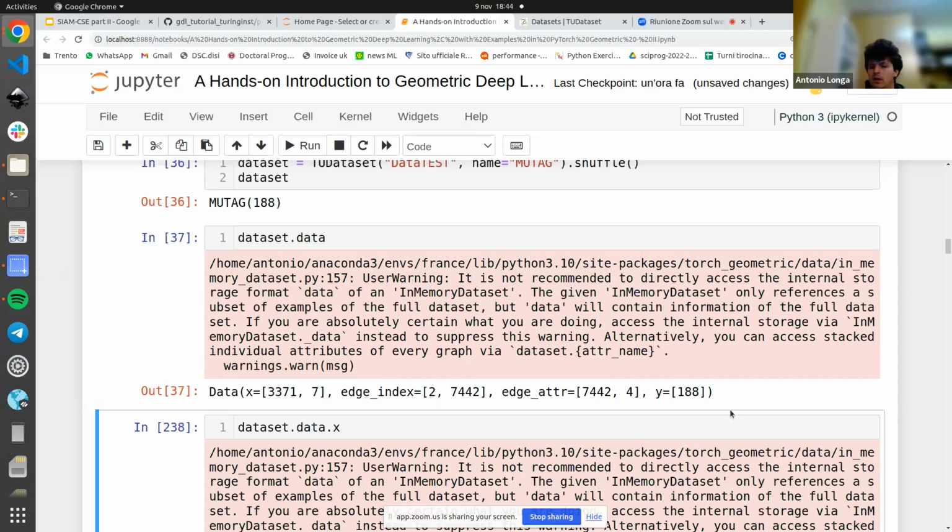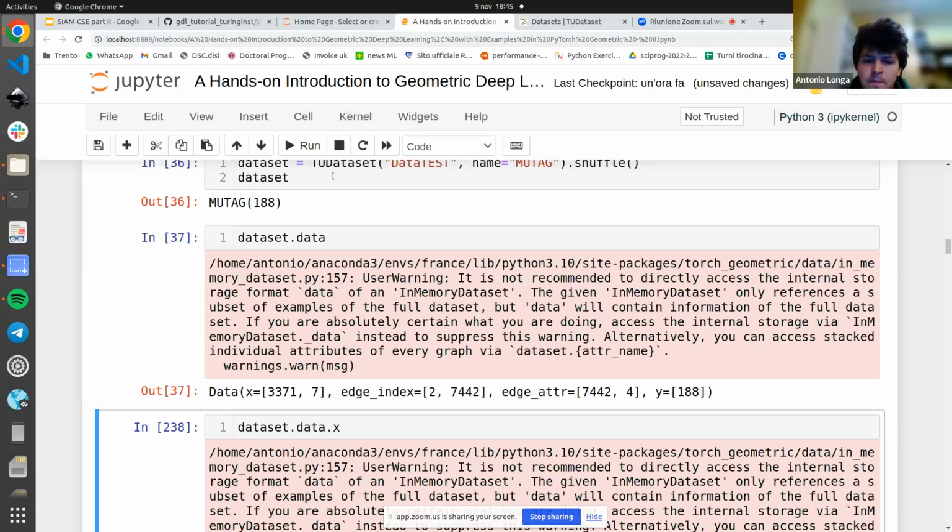Why? Because here our task is to predict a property of the entire graph. In particular, this MUTAG contains molecules, and the molecules can be mutagenic or not mutagenic. I have no idea what they mean. I'm not a biologist.